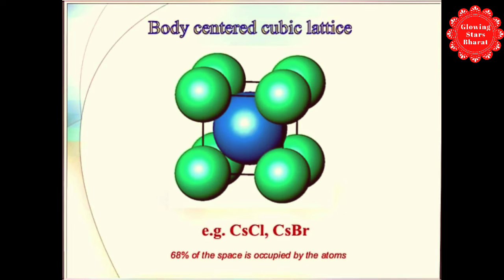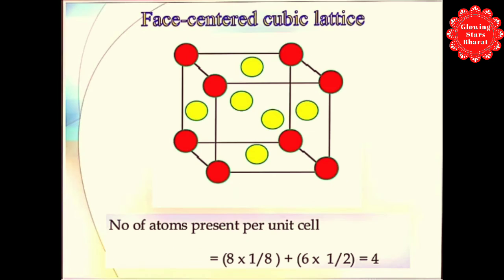Examples: NaCl, NaF, KBr, MgO, all are face centered cubic lattice. 74% of the space is occupied by the atoms.